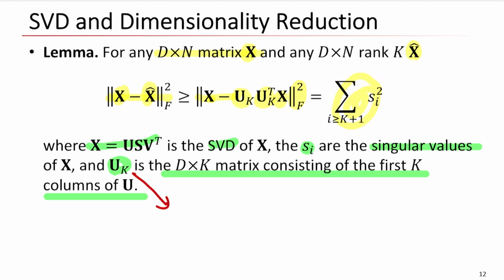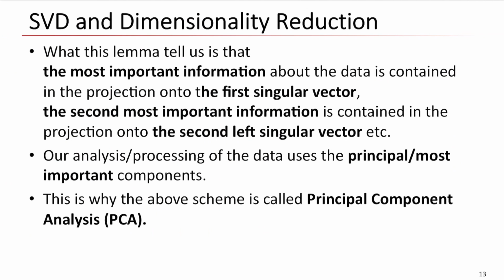So by the way, Uk is the first few columns in the matrix U. This lemma tells us that the most important information about the data is contained in the projection onto the first singular vector, and the second most important information is contained in the projection onto the second left vector. So what does it mean?